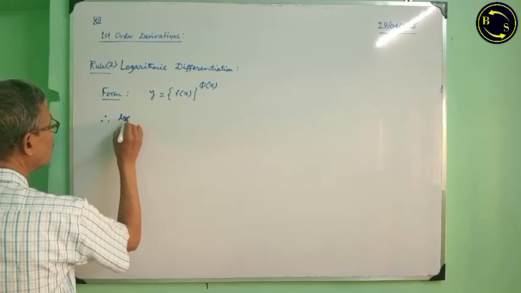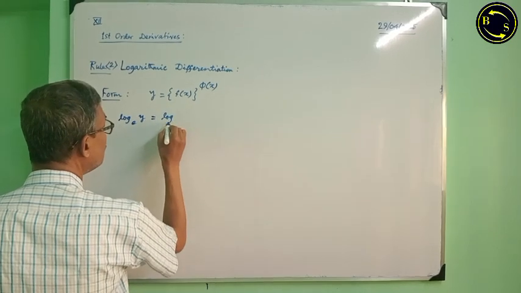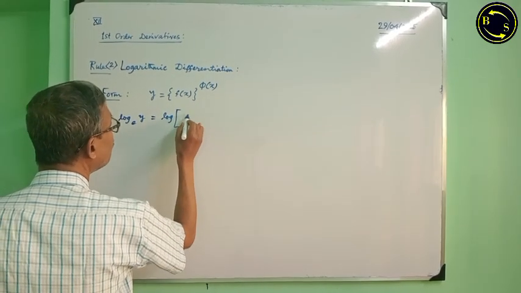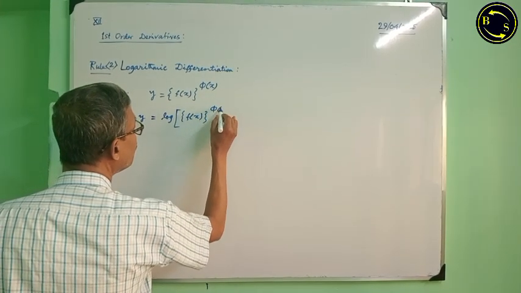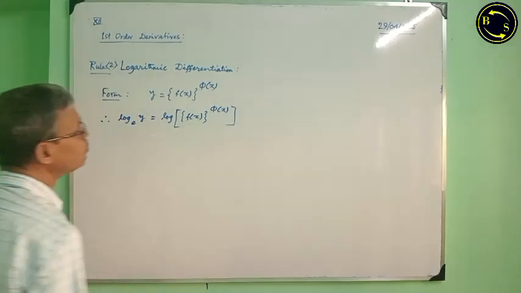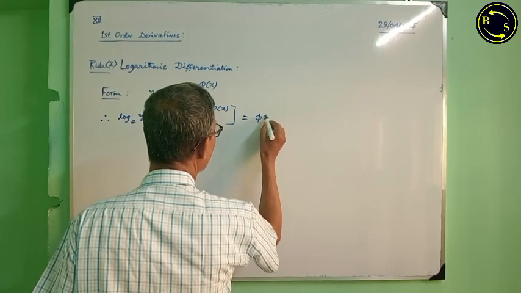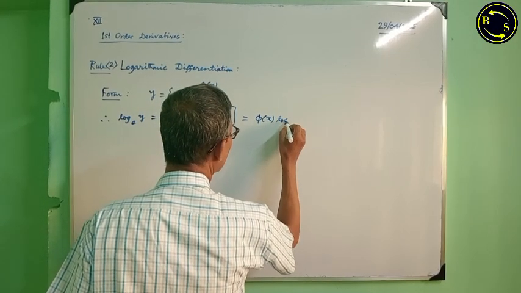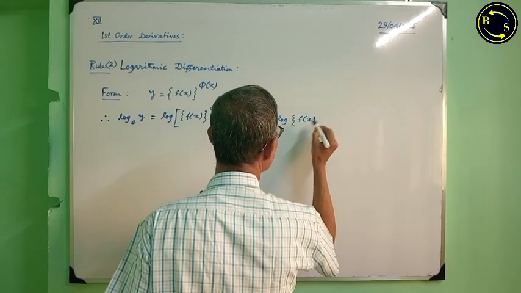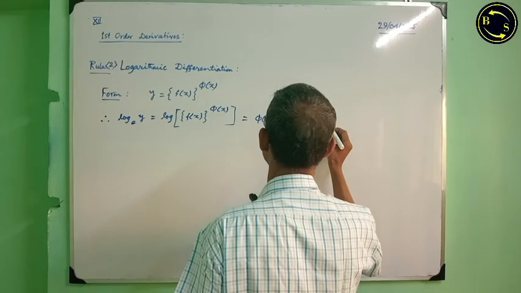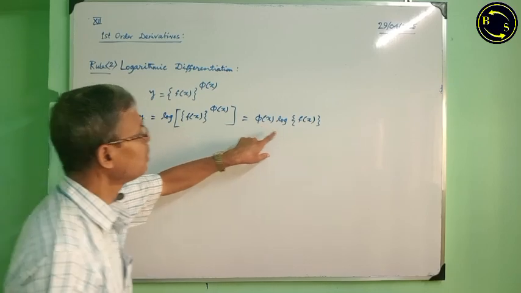Therefore, log of y to the base e is equal to log of the power form. Therefore, it will be phi x log of f(x), the power is taken in front, then log of this.